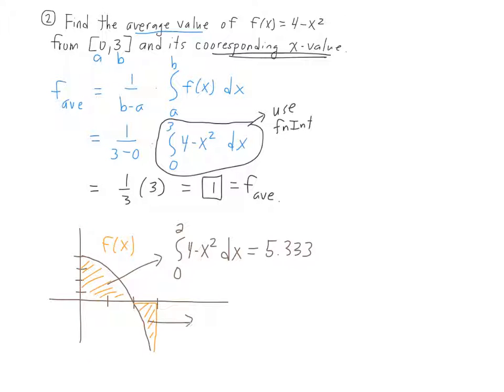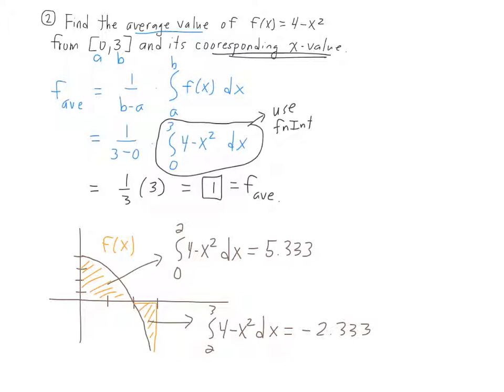This bottom region here is really the definite integral from 2 to 3 of our function 4 minus x squared dx. If we threw that into the calculator, we're expecting it to be negative since that region is below. And lo and behold, it will be.